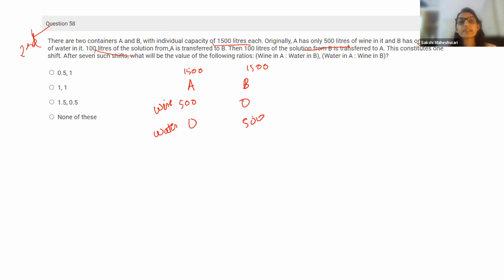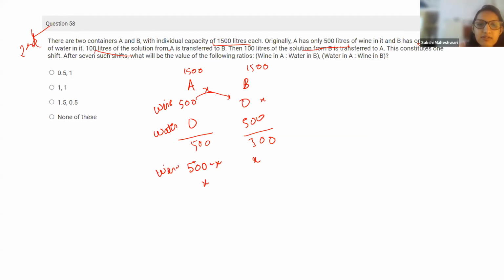Now, assuming the shifts have taken place, after several such shifts, there is x quantity of wine that has been taken from this to this. So the wine in A will be 500 minus x, and this will be x. Now, the total quantity has to remain 500 only, right? So this will be x. This is wine. So this will be water.